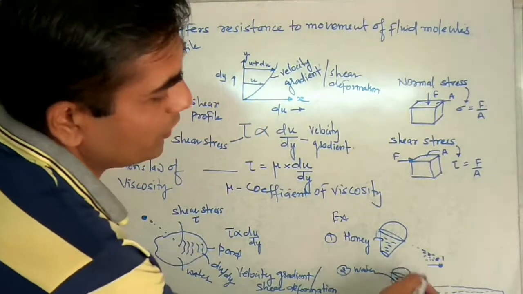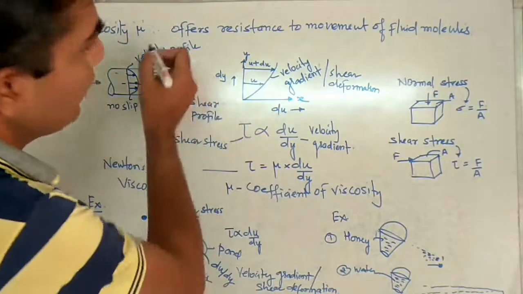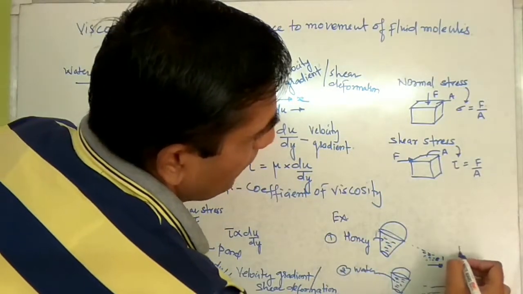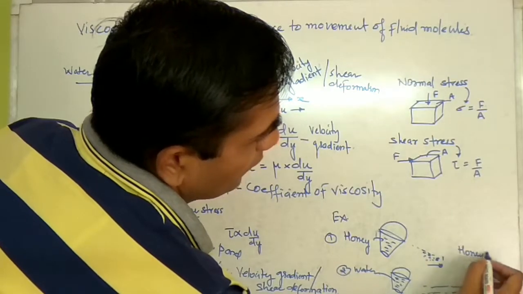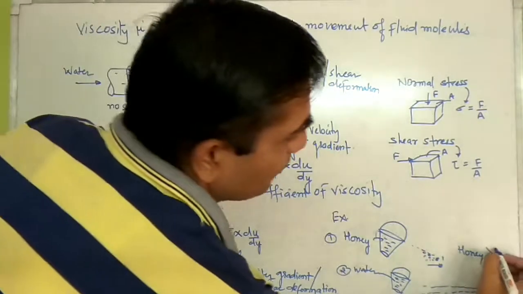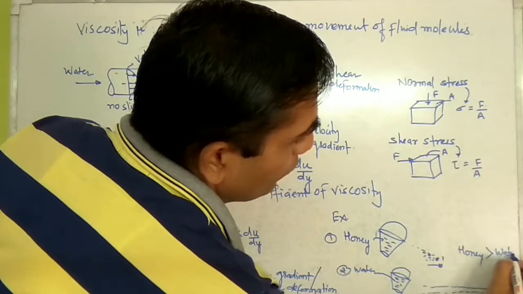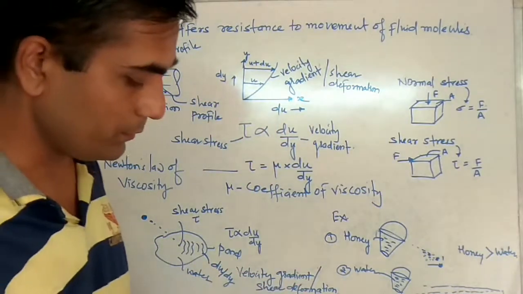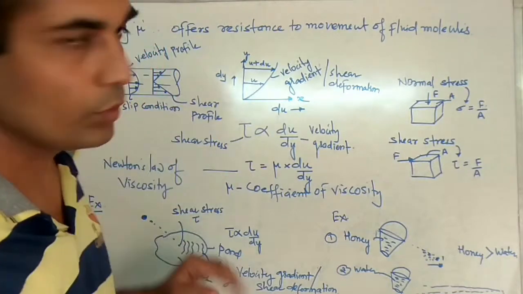So this is the basic difference because of the viscosity. In case of honey, viscosity is maximum compared to water. So these are the technical examples related to viscosity.